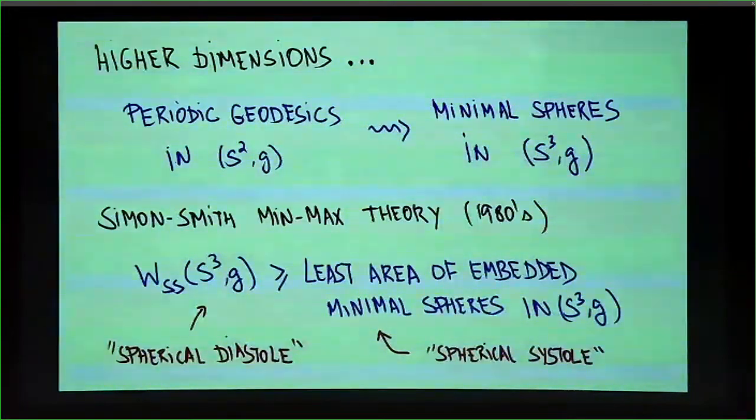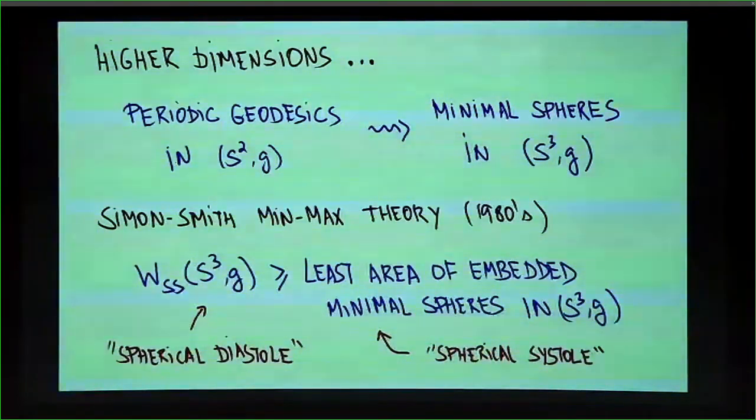Instead of talking about critical points of the length functional, you talk about the critical points of the area functional. And the critical points of the area functional are known as minimal submanifolds. And so this is my choice. So instead of talking about periodic geodesics in a Riemannian two-sphere, I will talk about minimal two-dimensional spheres in a Riemannian three-dimensional sphere.